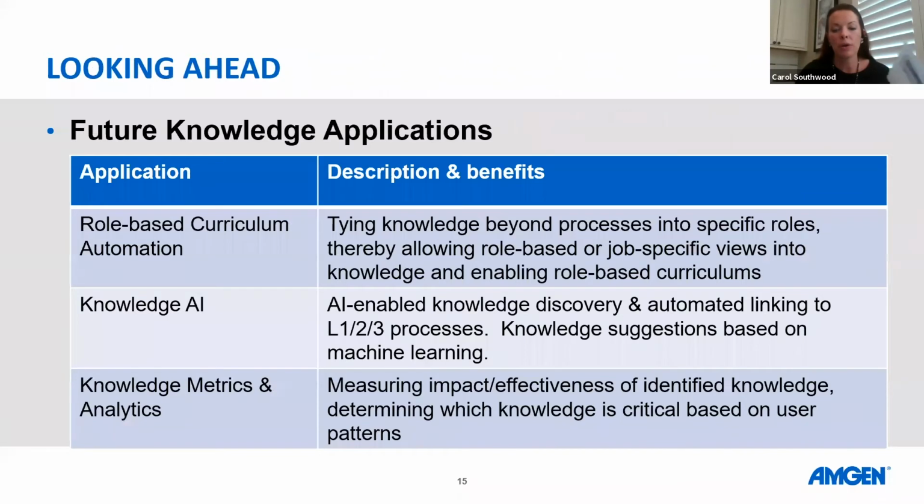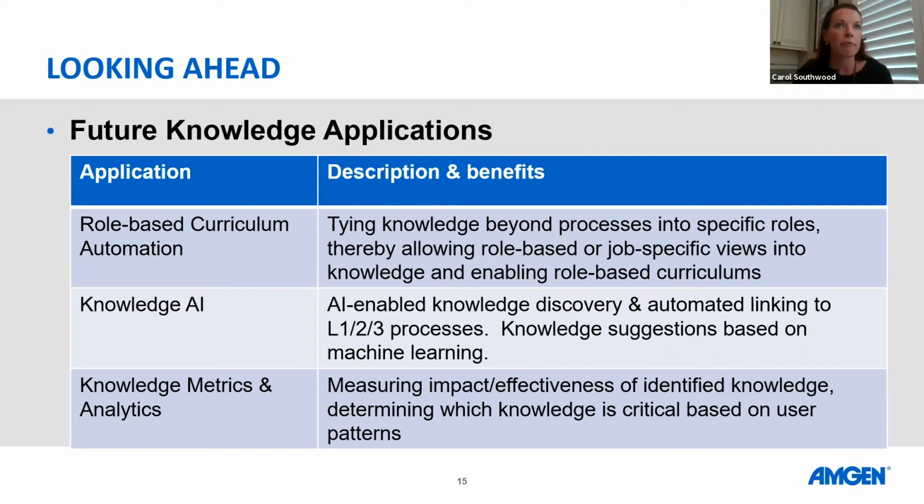So looking ahead, there's a lot more that we want to do here. We're particularly interested at this stage in getting those knowledge assets and understanding each of those knowledge objects down to the role level. We've been very focused on the big process areas: level 1, which is really high, level 2, a little lower, and L3, where our detail is. But within the L3, there are roles.